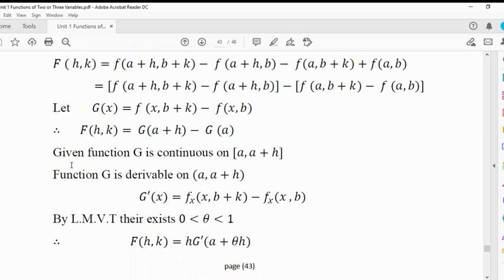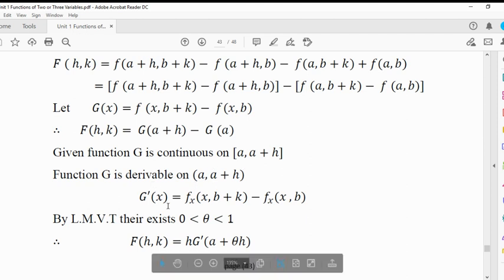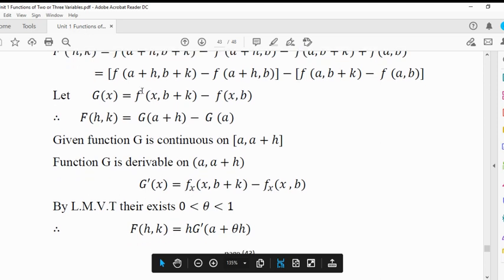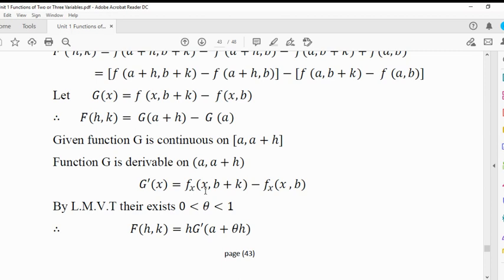Now this function G is continuous on the closed interval [a, a plus h] and also derivable on (a, a plus h). Therefore, what is the derivative of G of x with respect to x? That is the partial derivative with respect to x: fx of (x, b plus k) minus fx of (x, b).